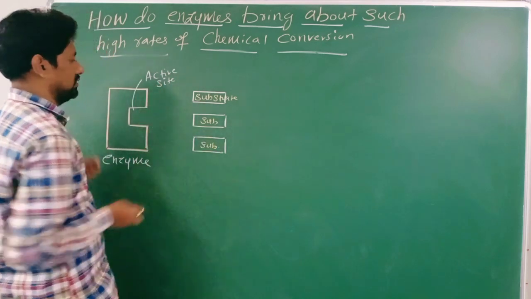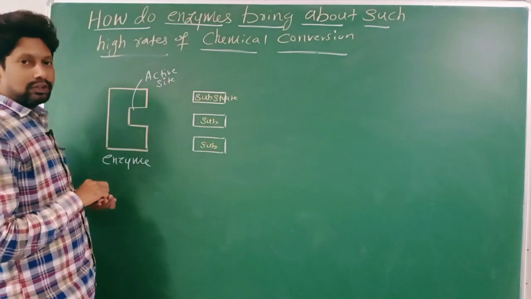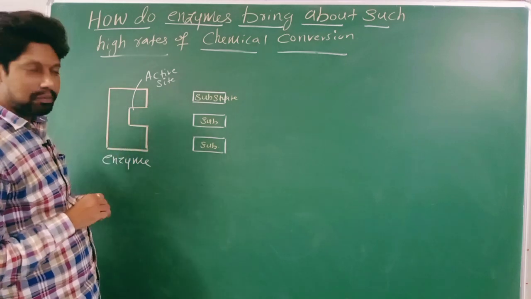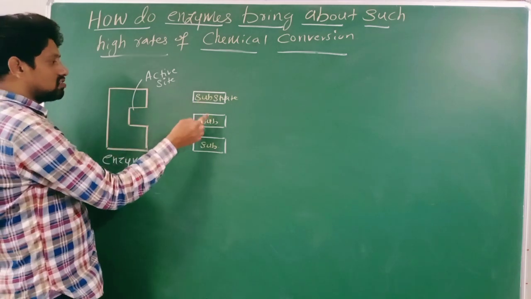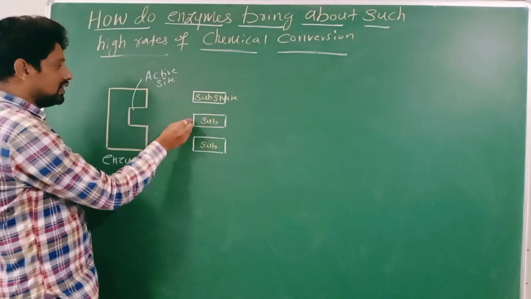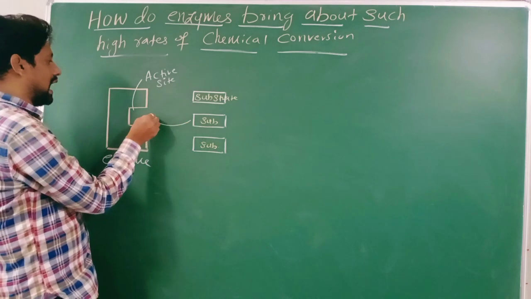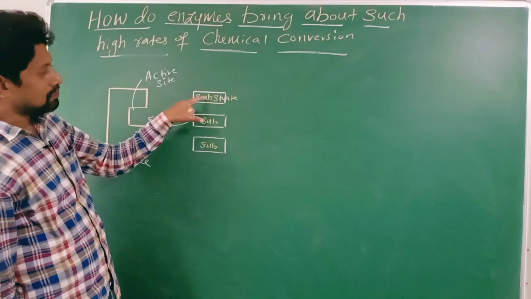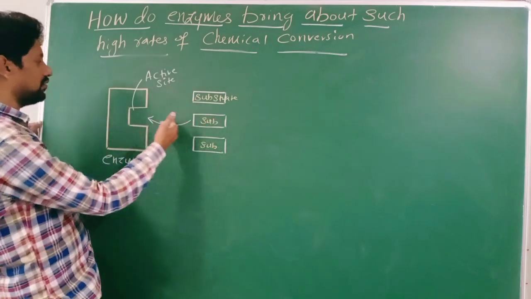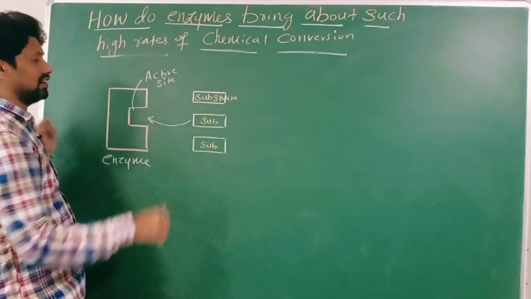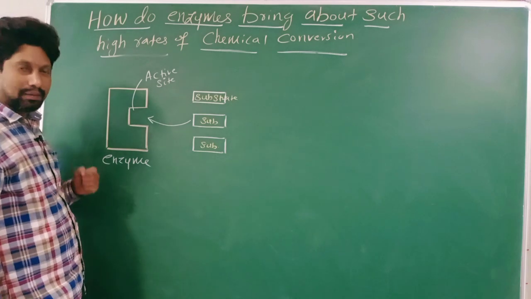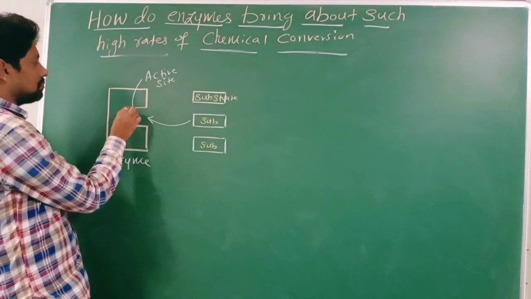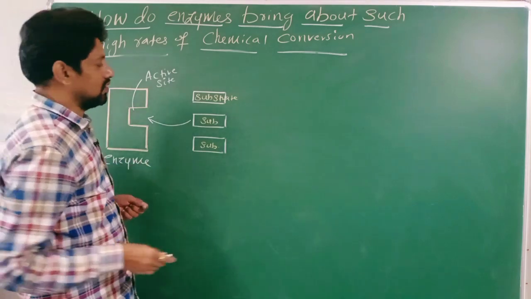Now, during a reaction, these substrate molecules diffuse towards the active site of the enzyme. What diffuses? Substrate molecules are diffused towards the active site of an enzyme. Then what happens? This substrate comes and binds in the active site of an enzyme.